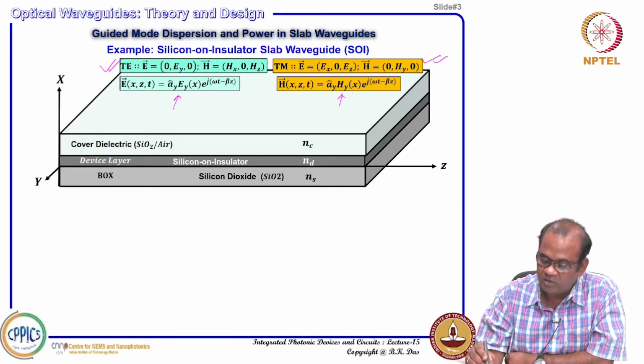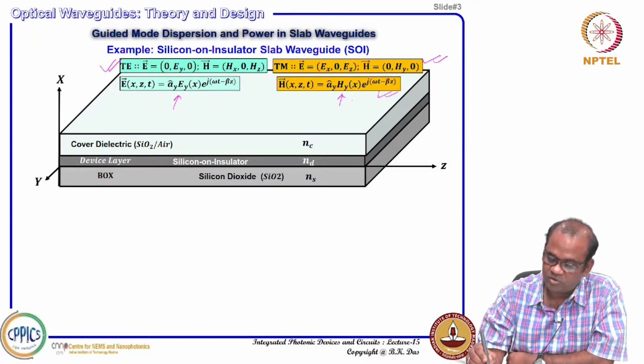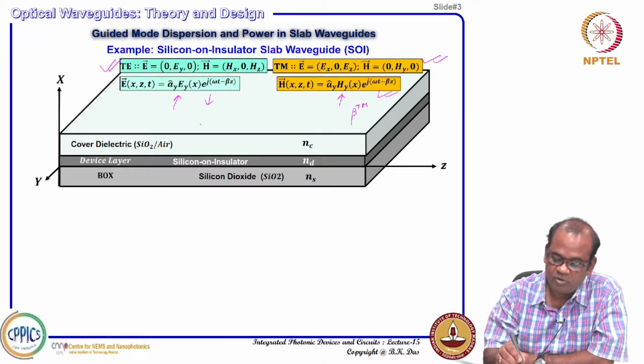Since there is only one component, the y component of the magnetic field, I can solve that also using the scalar wave equation, and find the x dependencies and the propagation constant. Whenever I solve using these components, I will be able to solve for the so-called beta TM, and here I will be solving beta TE.